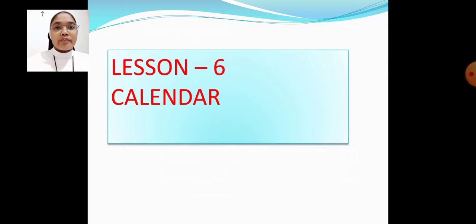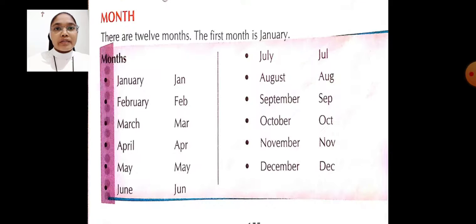Dear students, in the previous class we have learned about days and week, isn't it? Now let's see month. There are 12 months in a year. The first month of the year is January.